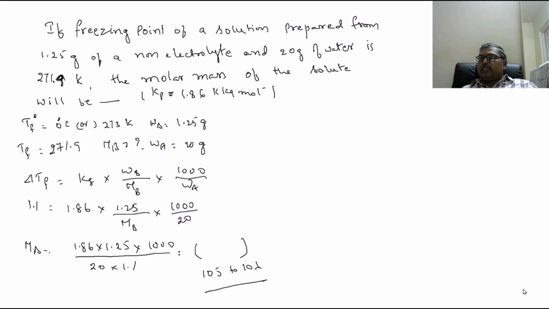In board examinations and the NEET entrance also, the level of question will be like this only. They will provide the data, then you substitute and get the answer.